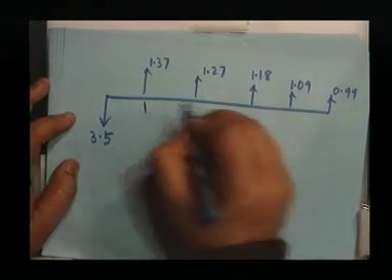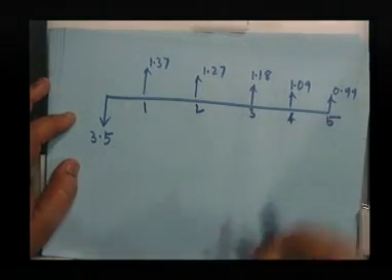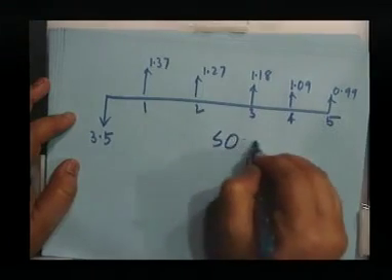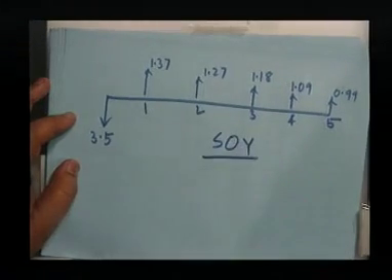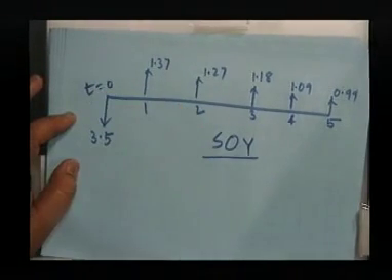This is at year 1, 2, 3, 4, 5, using sum of years method of depreciation.